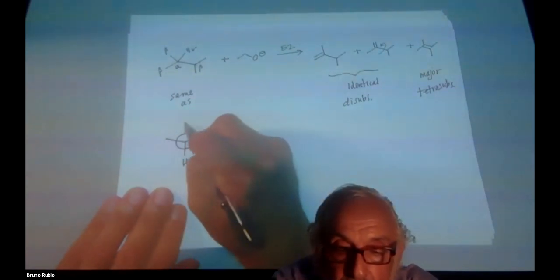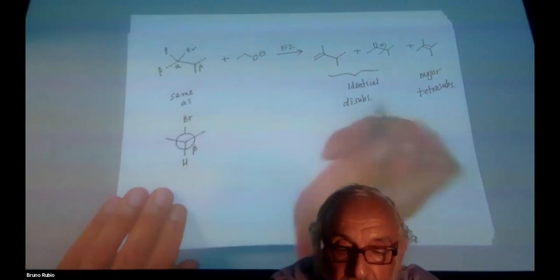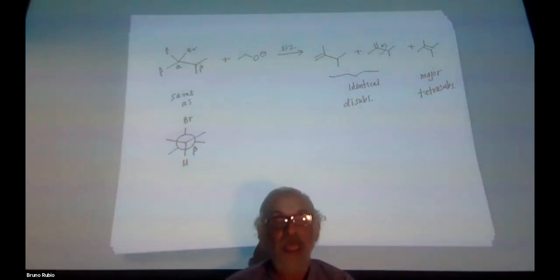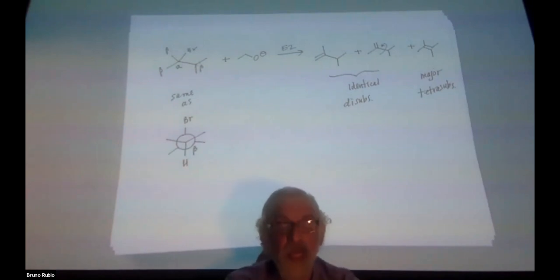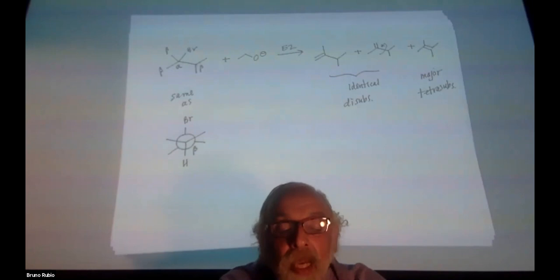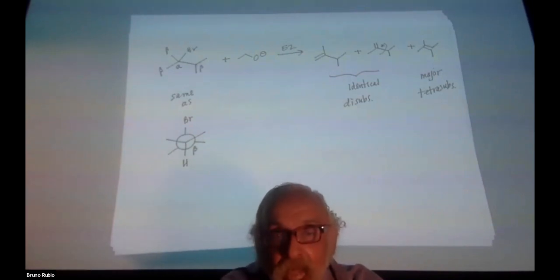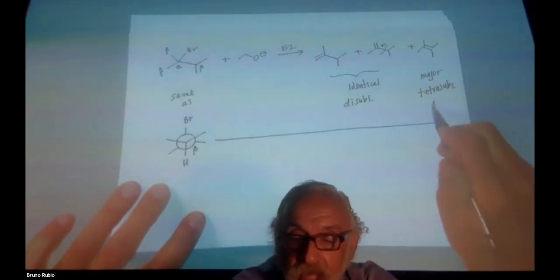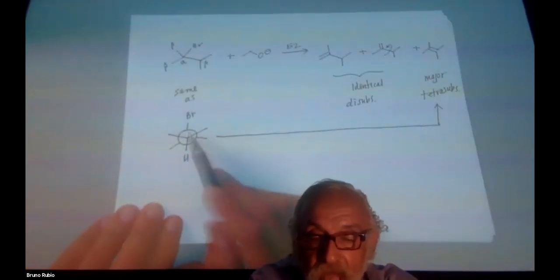And I'm going to put the Br, the alpha carbon, in the back. And so I see that, yes, the leaving group on alpha and the proton on beta can be anti to each other. So that is going to lead to this. All right. So these are all methyl groups there.